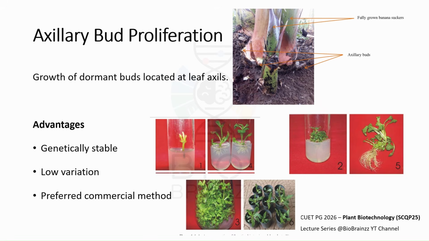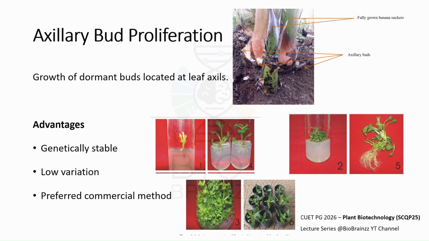Axillary bud involves stimulating the growth of dormant buds located in the leaf axils. Because these buds are pre-existing meristems, the plants produced are usually genetically stable, with a very low chance of somaclonal variation.